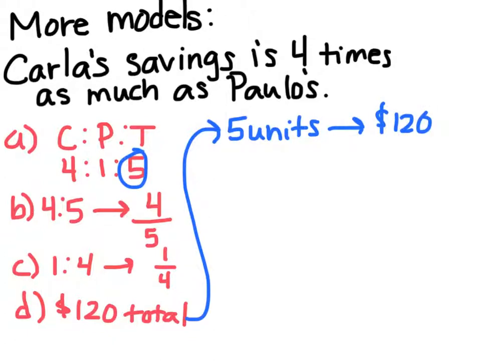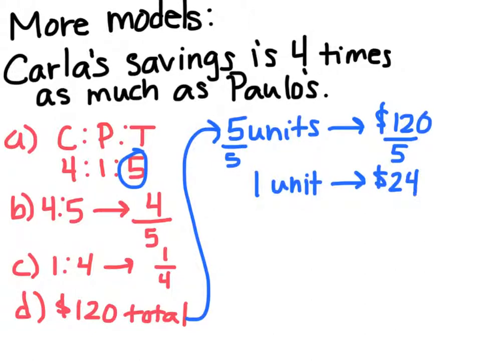So to find the value of 1 unit, we need to divide each side by 5. I'm going to do that showing the fraction form. So 1 unit is equal to, what's 120 divided by 5? It is $24. So 1 unit is valued at $24.